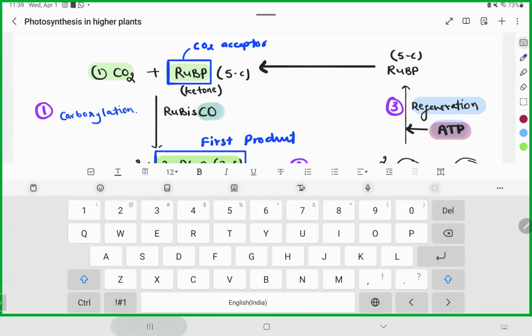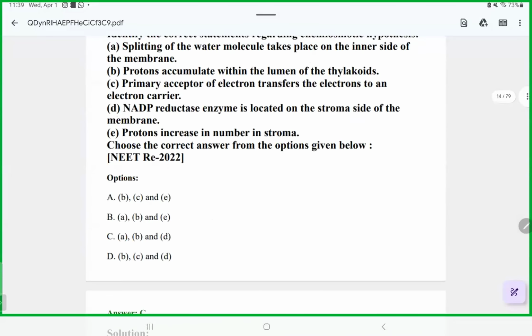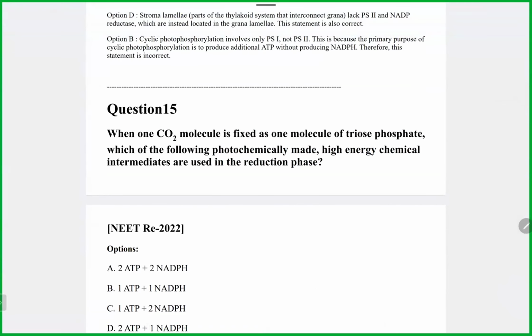If you understood this well, we saw some question of NEET 2018 and all this stuff. Barinder, answer of this question. When one CO2 is fixed as one molecule of triose phosphate, which of the following made high energetically intermediate use in the reduction phase?